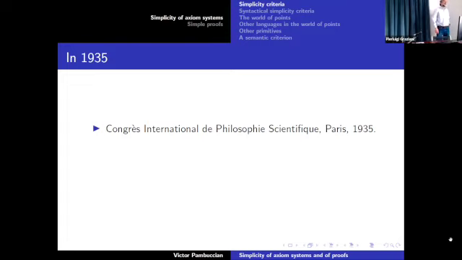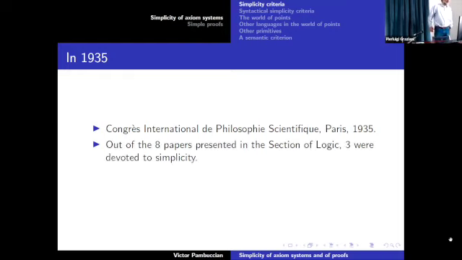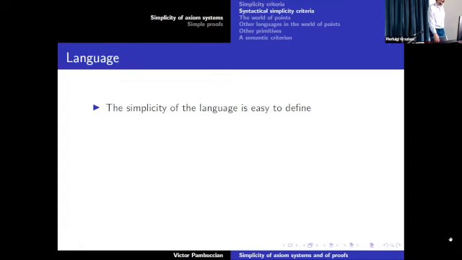In 1935, there was an International Congress of Scientific Philosophy in Paris. And out of the 8 contributions that were printed, 3 were devoted to simplicity. Nowadays, it's rather rare to find any such interest, to say nothing at a major Congress of Scientific Philosophy.